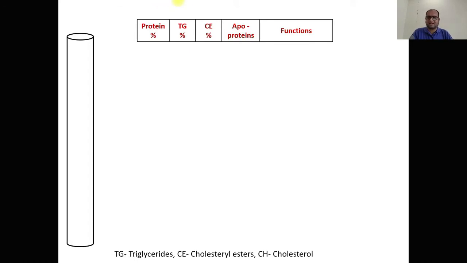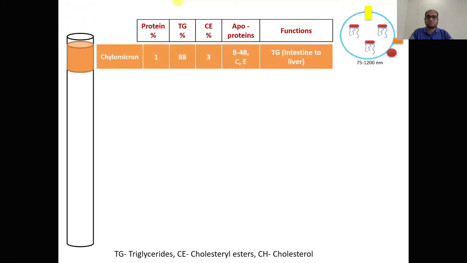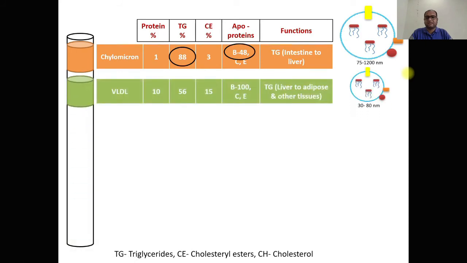If you do the centrifugation, the topmost part will be the chylomicrons, which are the largest in size and have the lowest component of protein and maximum triglycerides, with B48 apoprotein. Then there is VLDL, which has 10% protein as well as 56% triglycerides and 15% cholesterol.